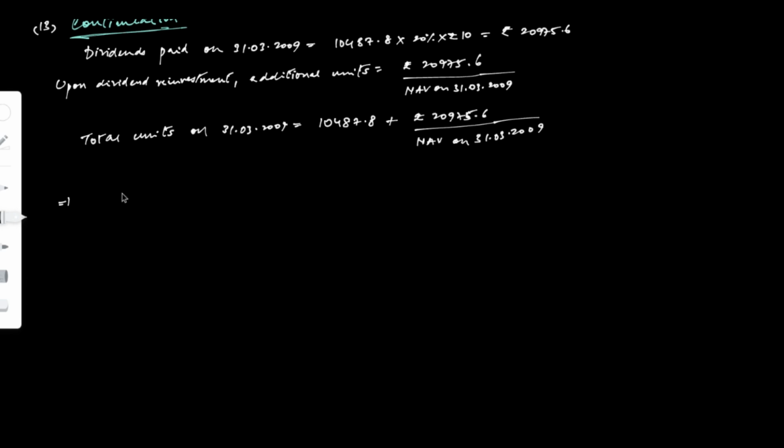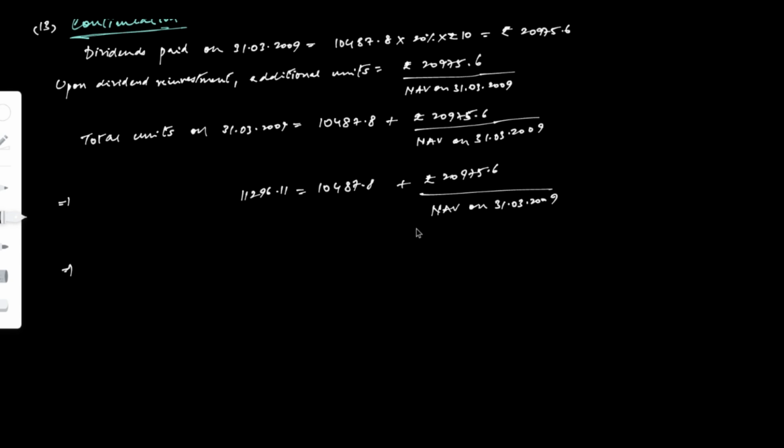So it is 11,296.11 is equal to 10,487.8 plus rupees 20,975.6 divided by NAV on 31/3/2009, right?